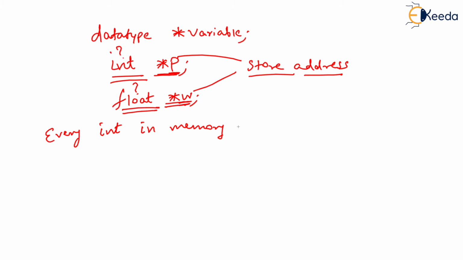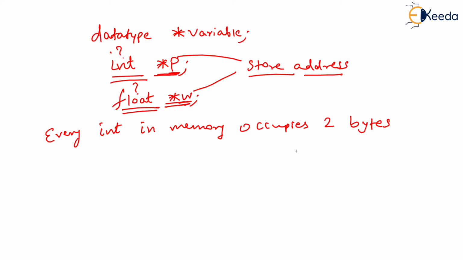Every integer occupies 2 bytes of memory. Now this 2 bytes is not a rule. Please try to understand. It depends on your machine or your operating system how many bytes an integer will consume.